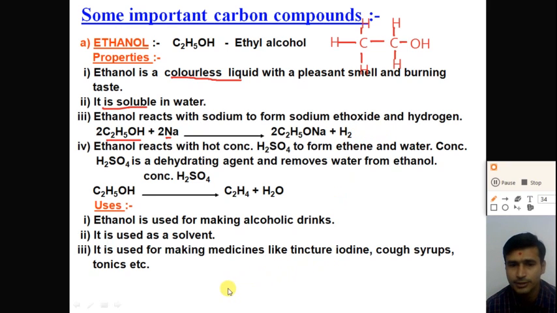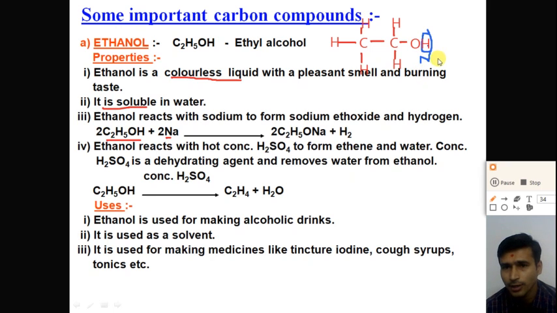If we consider the ethanol here, let us understand this in the structural formula. Considering ethanol, this hydrogen atom is removed from the ethanol, and instead of this hydrogen atom, a sodium atom is connected.